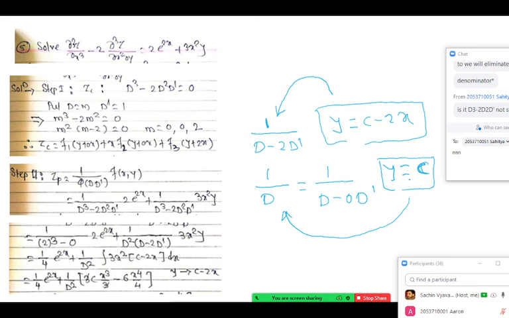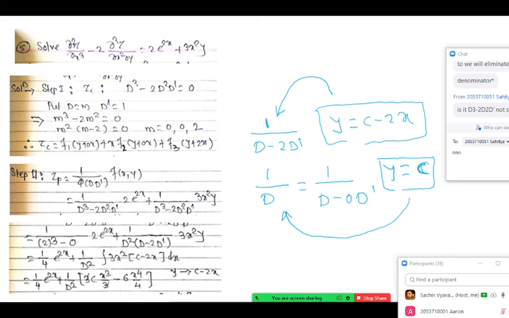Because of that, we cannot keep this c till the end. Right now we have to replace the value of c, which is y plus 2x. So we resubstitute c as y plus 2x, and then we integrate with respect to x 2 times. I hope I'm clear here.